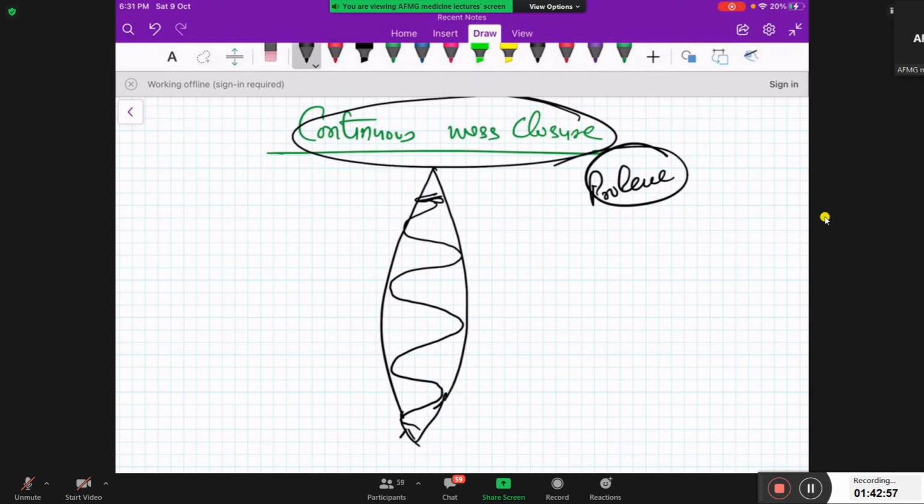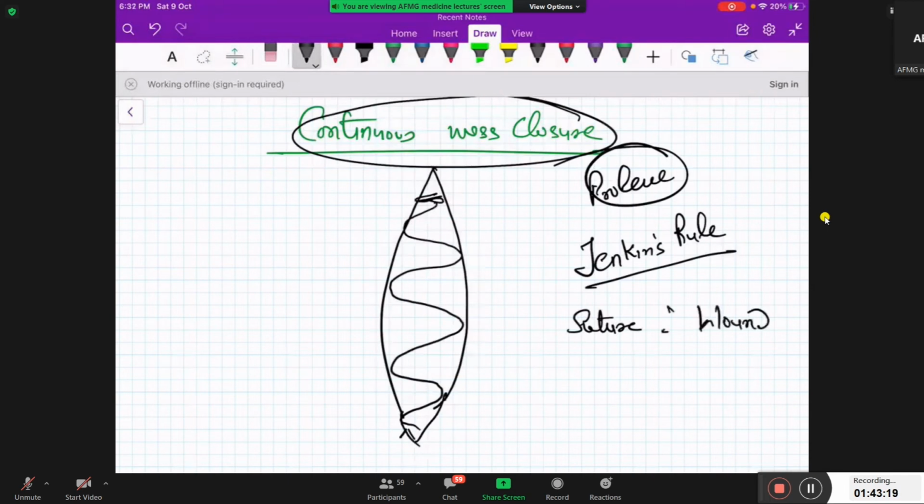So to avoid tension in a continuous mass closure technique, we follow a rule called Jenkins rule, and that rule is suture to wound length ratio.